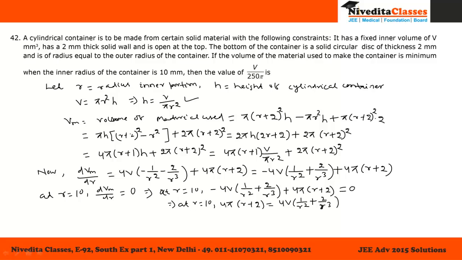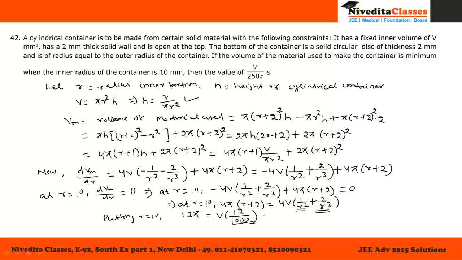Putting r is equal to 10, we get 12 pi is equal to V into 12 upon 1000. Because when r is equal to 10, 1 upon r square is 1 upon 100 and 2 upon r cube is 2 upon 1000, and when we add 1 upon 100 plus 2 upon 1000, we get 12 upon 1000.